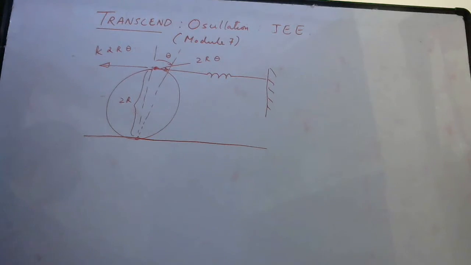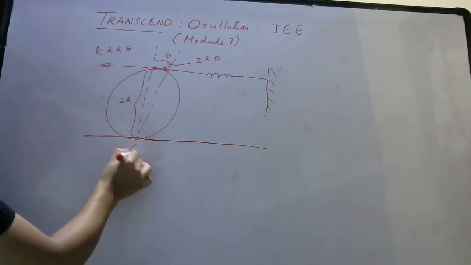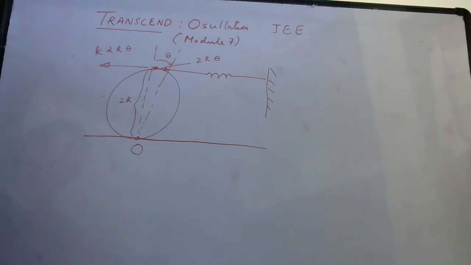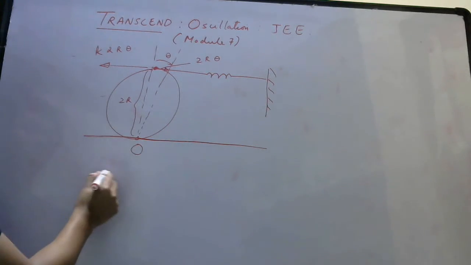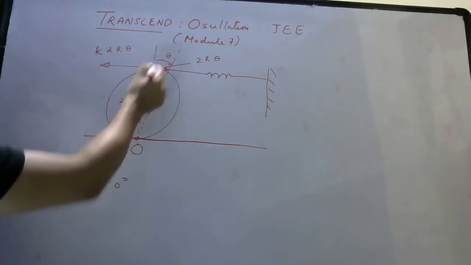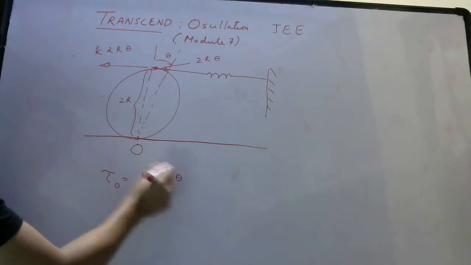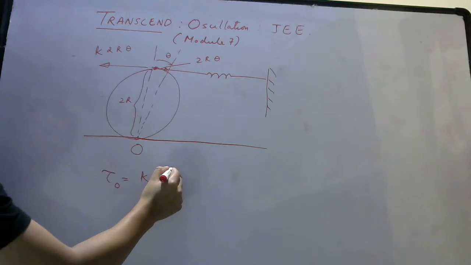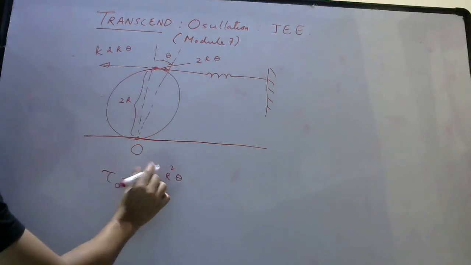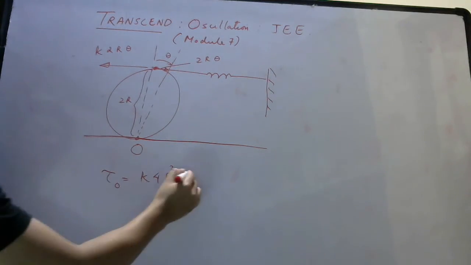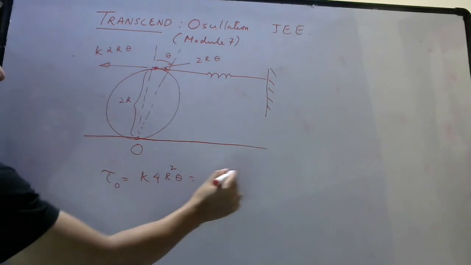Now I want to calculate torque about this point. So torque about this point will be this force k times 2r times theta, force into r perpendicular, which is 2r, so it becomes 4 k r square theta. That will equal I times alpha.